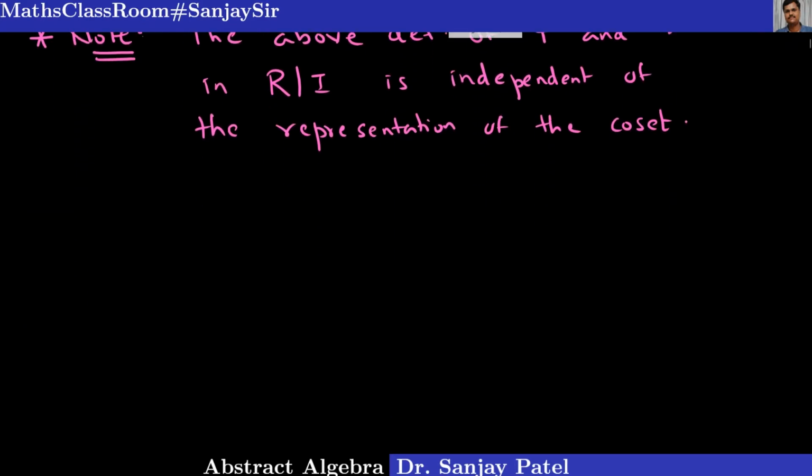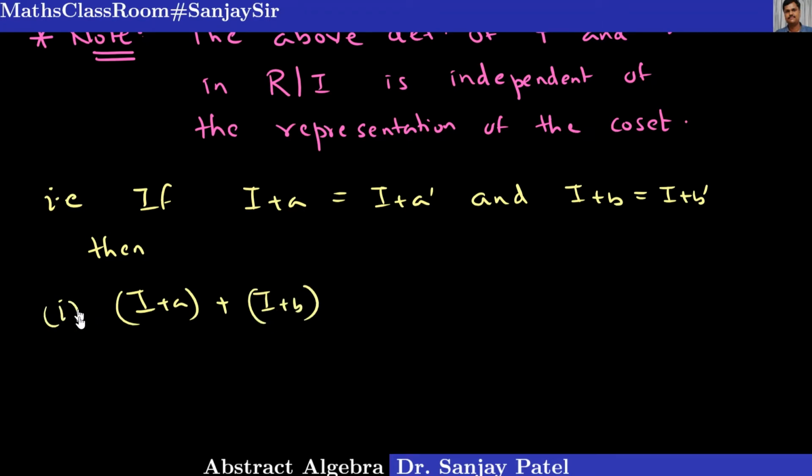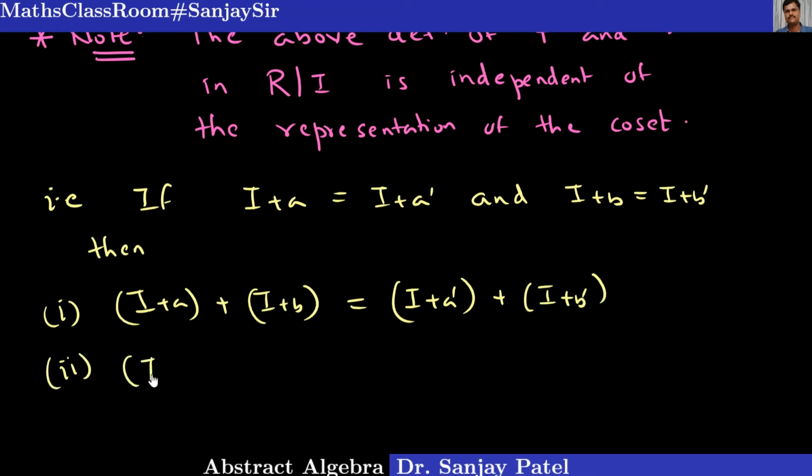If we have the coset I plus a, which is the same as another representation I plus a dash, and we have the coset I plus b, also with a different representation I plus b dash, then we must prove that whether you add the two cosets I plus a and I plus b, or add their other representations I plus a dash and I plus b dash, you must get the same result.